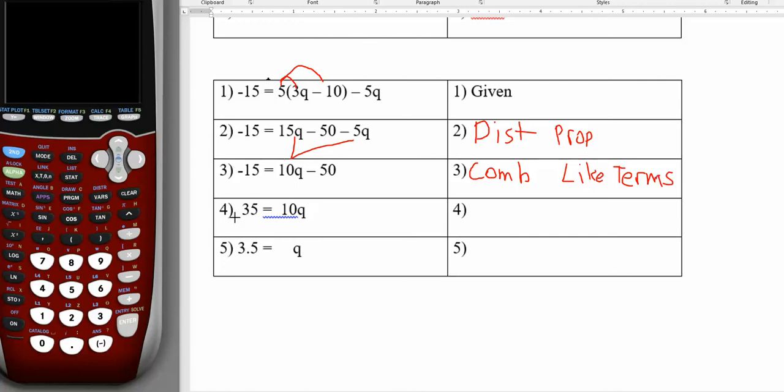From step 3 to step 4, somehow that 50 disappeared. So how did we make it disappear? Well, we had to do the inverse operation, which was add 50 to both sides. So that tells us that we had the addition property of equality.